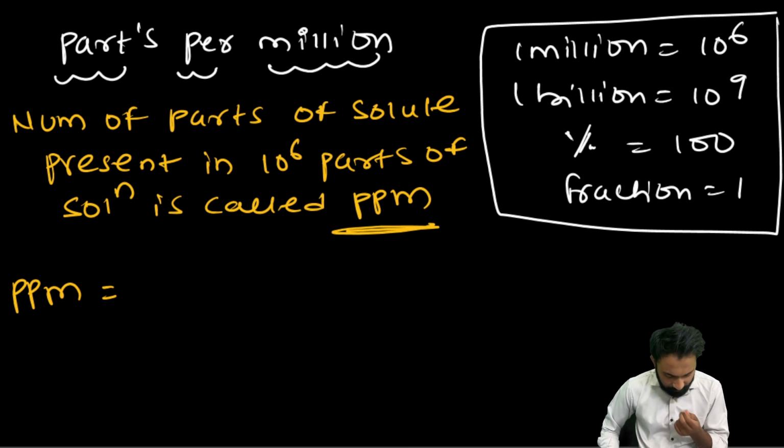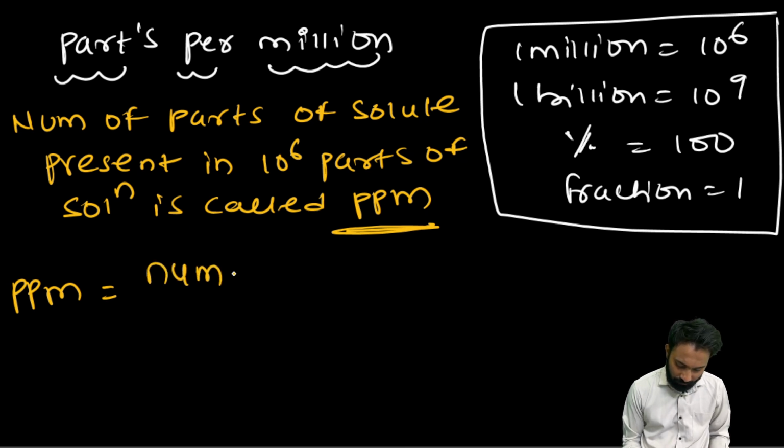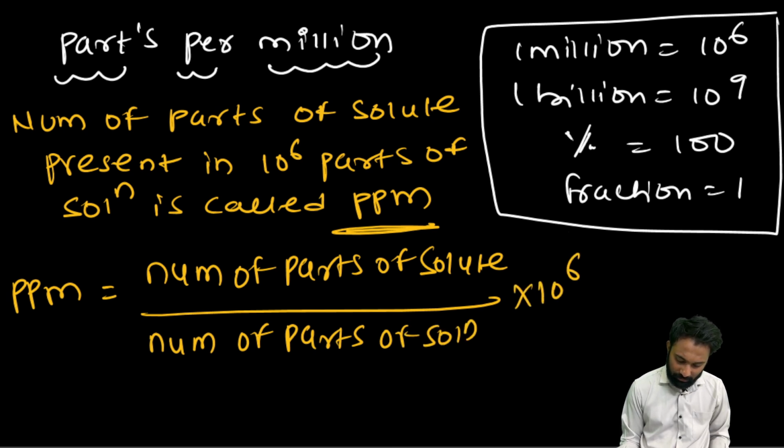Clear? So the ppm formula is number of parts of solute by number of parts of solution into 10 to the power 6.